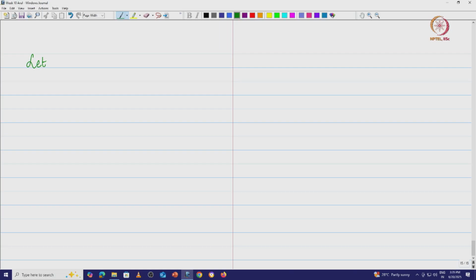Suppose we have the following: let f of x comma y be a real valued function.